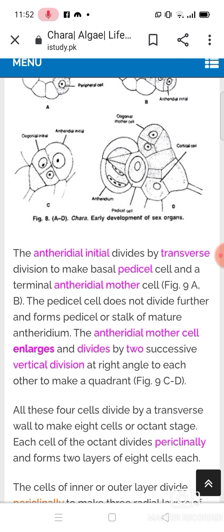Okay, now the antheridial mother cell will further divide and form a quadrant. Quadrant means it will make 4 cells. All these 4 cells divide by the transverse wall to make 8 cells or the octant stage. Those octant cells will further divide periclinally and form 2 layers of 8 cells each.